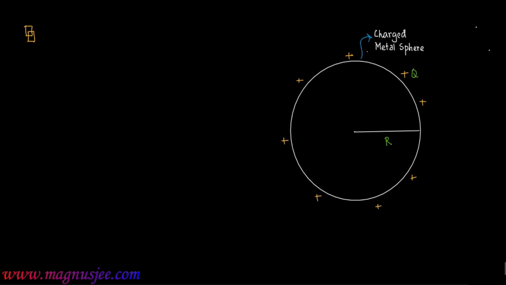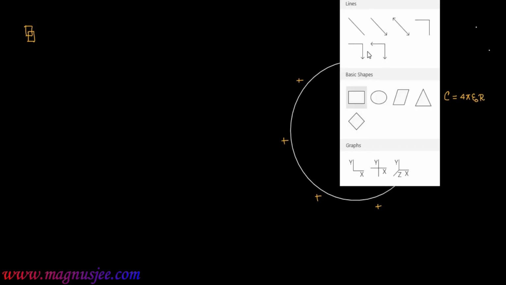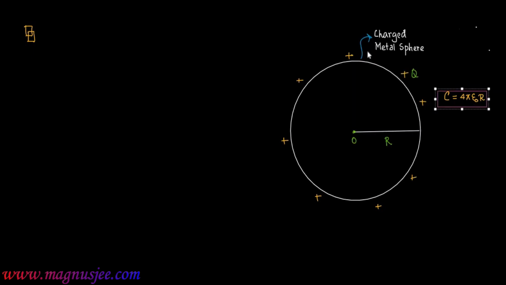Here we have to assume that this charged metal sphere has a capacitance C, which will be equal to 4 pi epsilon naught R. Capacitance of this spherical conductor is C, which is equal to 4 pi epsilon naught R, and we have to find U equal to question mark, that is the energy contained in the field outside the sphere.